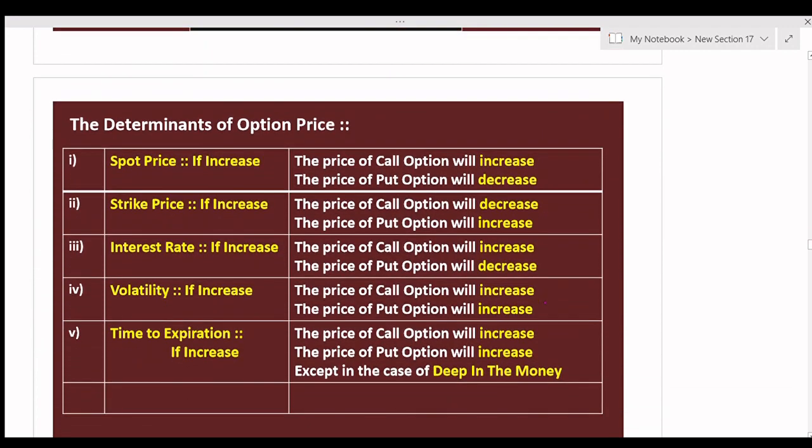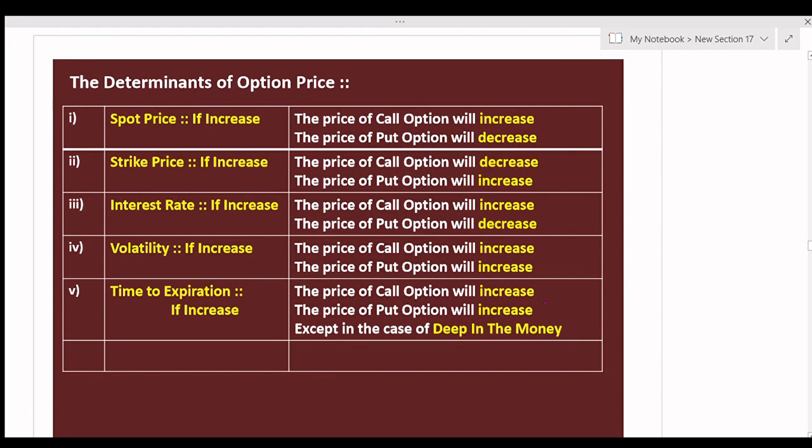The determinants of option price or premium are tabulated here. If the spot price increases, then the price of the call option will increase and the price of the put option will decrease.